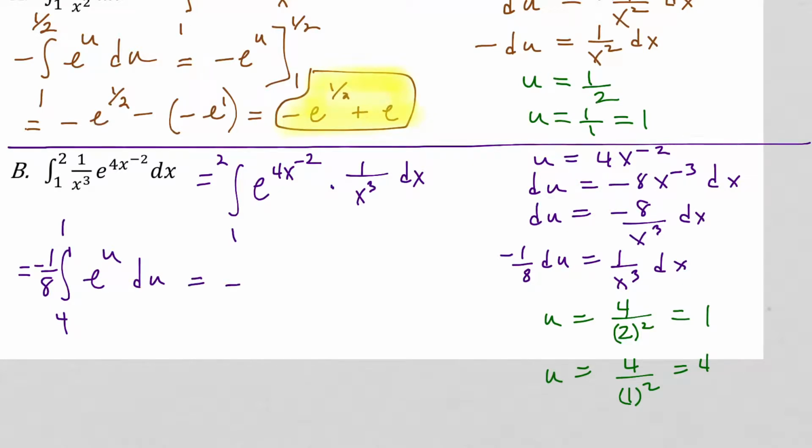I've got negative 1/8 e to the u evaluated between 4 and 1. Okay, so that's equal to negative 1/8 e to the 1 minus e to the 4. All right, so we can just leave it like that. That will be fine.